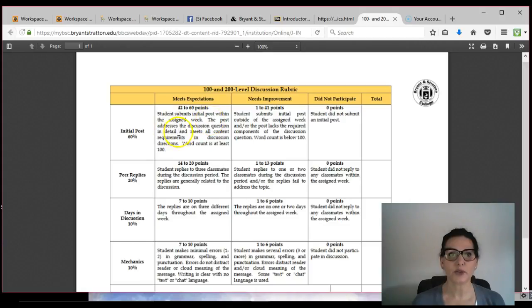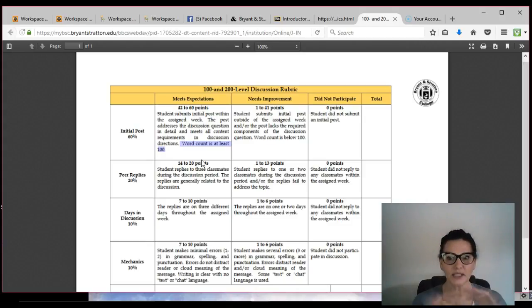A post addresses the discussion question in detail and meets all component requirements. Word count is at least 100 words. Make that your minimum. Get that in your brain that you're going to do at least 100 words.